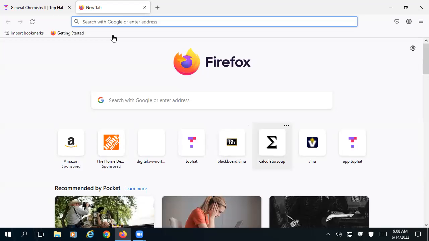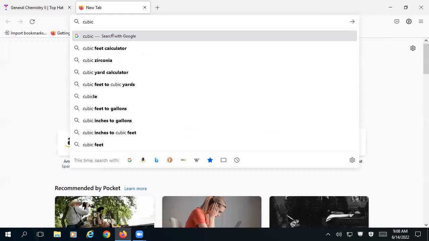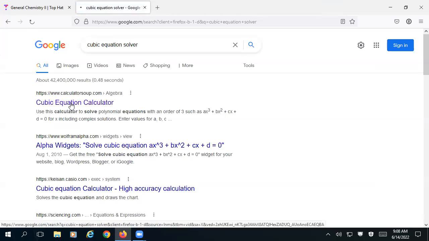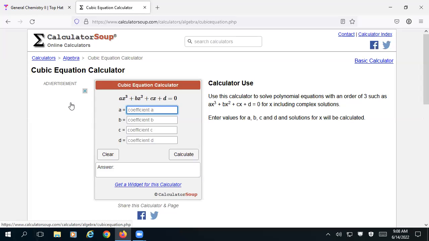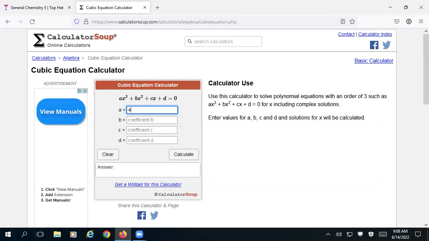Go to your favorite calculator solver. In this case, our cubic term is 4. Our x squared term is 0.08. Our x term is 0.